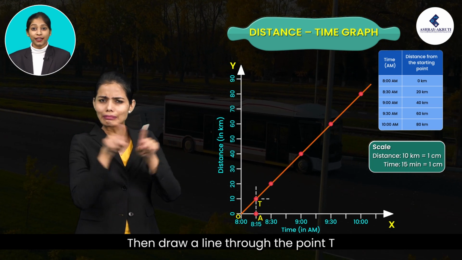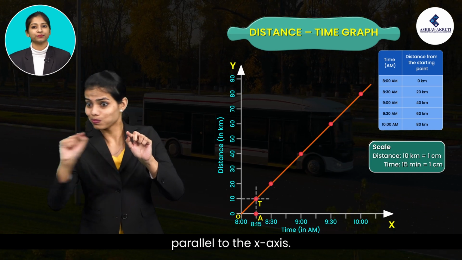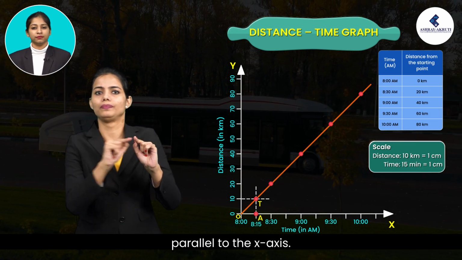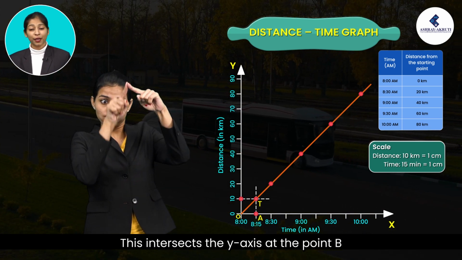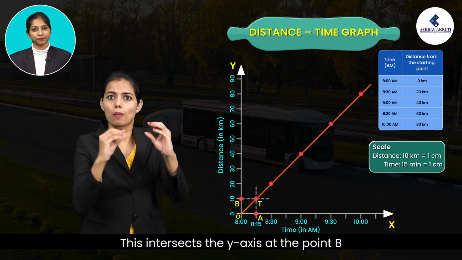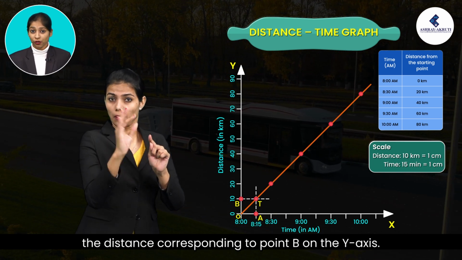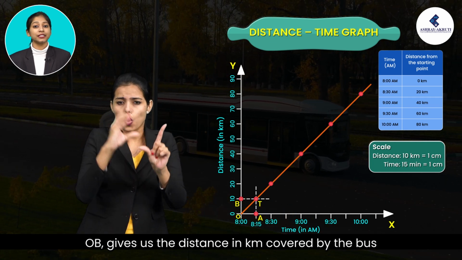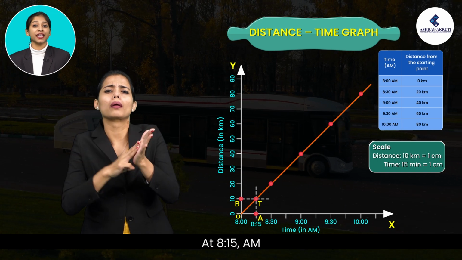Then draw a line through the point T parallel to the x-axis. This intersects the y-axis at point B. The distance corresponding to point B on the y-axis, OB, gives us the distance in kilometers covered by the bus at 8:15 am.